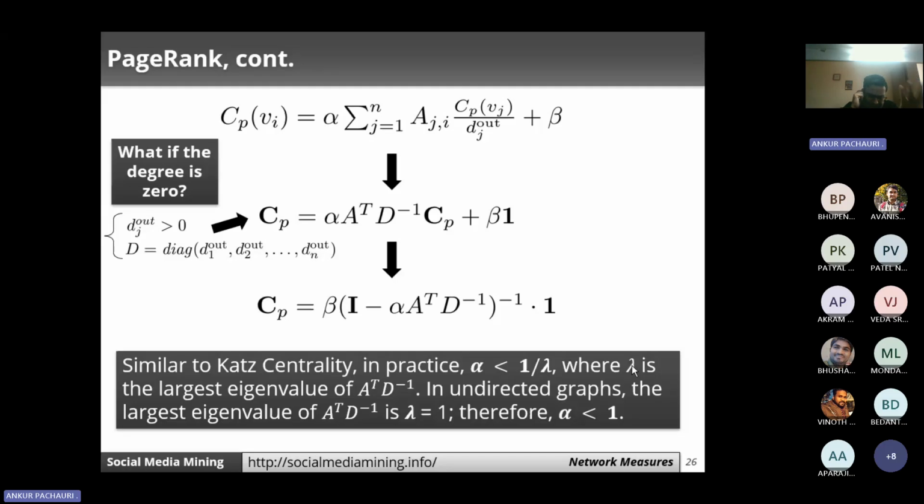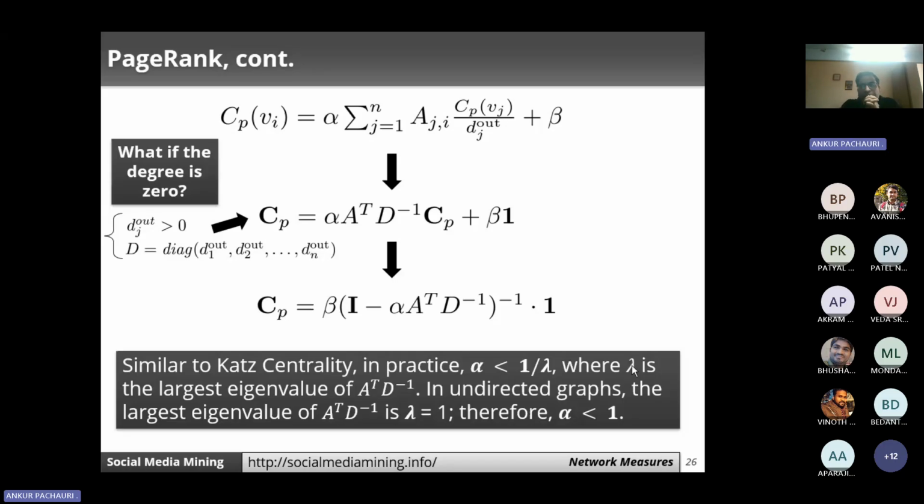When we started this module on network measures, our intention was to come up with numbers which give more information about the connectivity of the graph: how you are connected to others, how others are connected to you, and many other things. So some values associated with each node or each edge with respect to the neighborhood of the node, in-neighbors or out-neighbors.